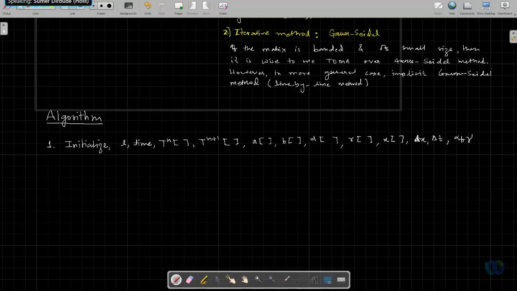You cannot use the alpha symbol; you will have to write ALPHA if you are using a C program. Since these are given values, TL, T naught, and if you have a Biot number also, you store that.